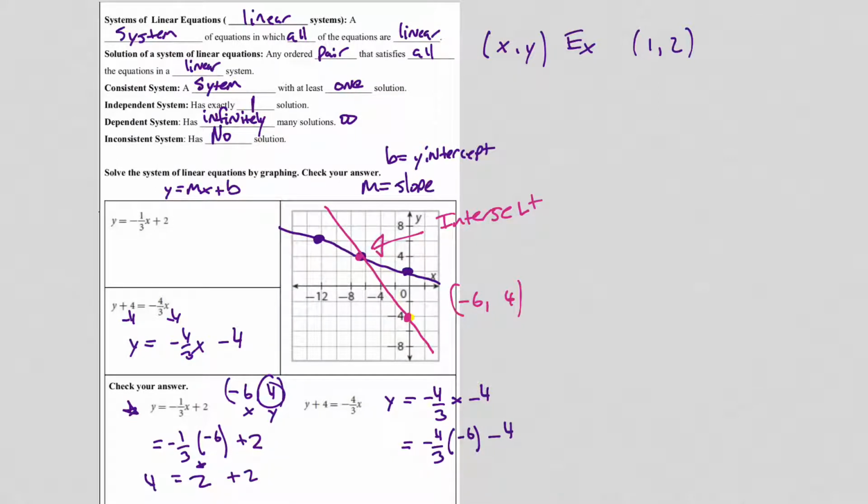Negative 2 times negative 4, positive 8. 8 minus 4 is equal to 4. So you can see that this point, negative 6, 4, is true for both equations, or for both lines, if you will.